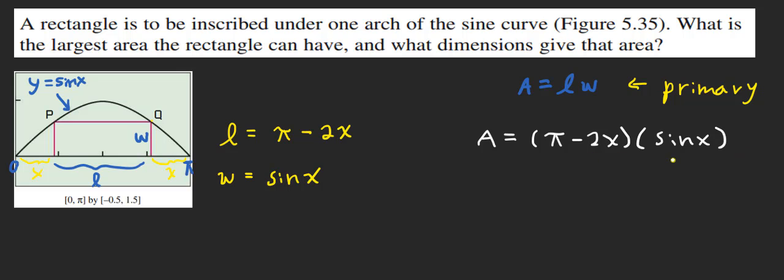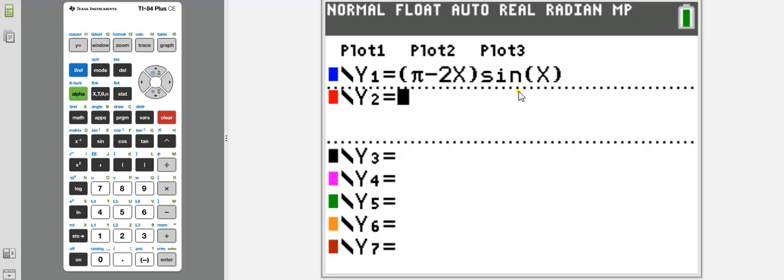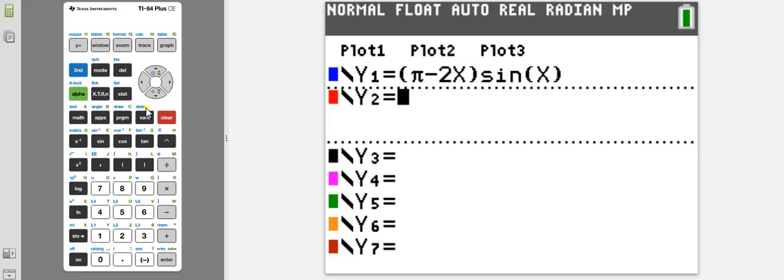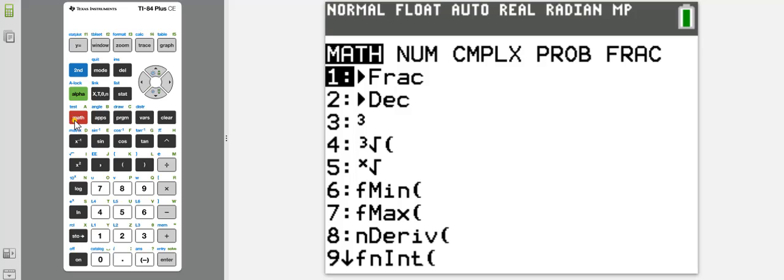Now, this looks pretty complicated, so we're going to use our graphing calculator. The graphing calculator helps you to find the graph of the derivative of the original. What you need to do is press math and go to nDeriv, so number 8.